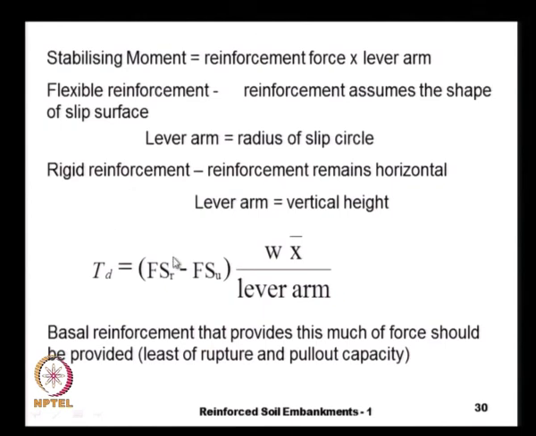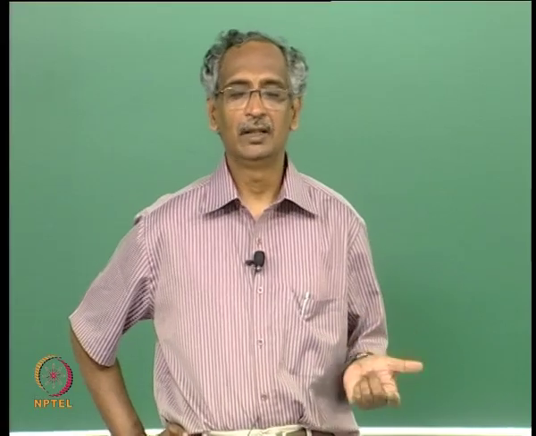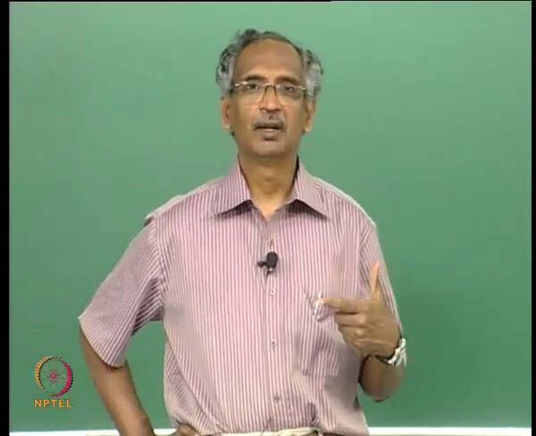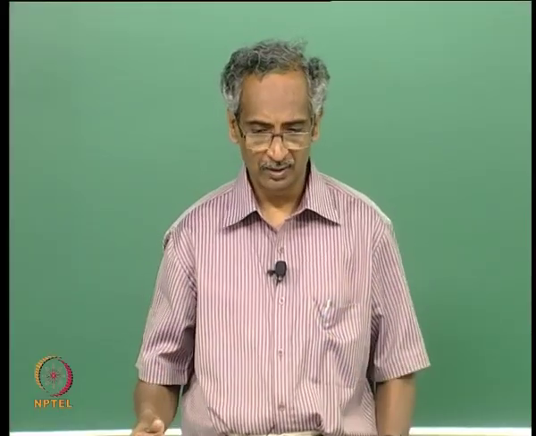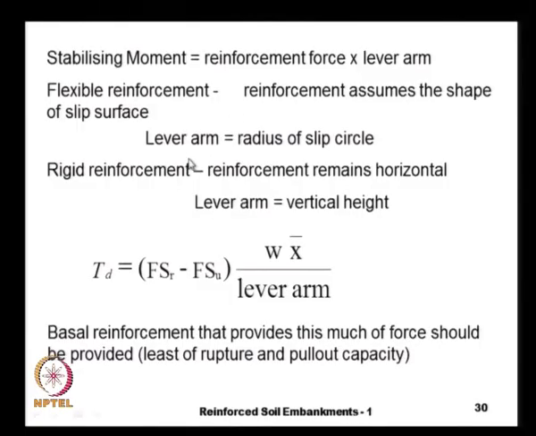And depending on the type of reinforcement, we can calculate the stabilizing moment as the reinforcement force provided times the lever arm, and this reinforcement force is actually, as we have done in the case of retaining walls, the minimum of the tensile strength or the pullout resistance.